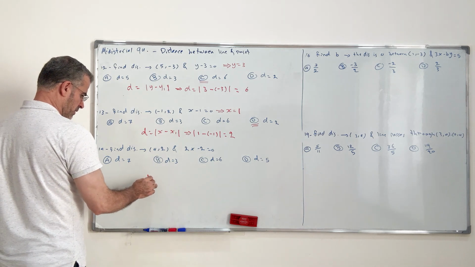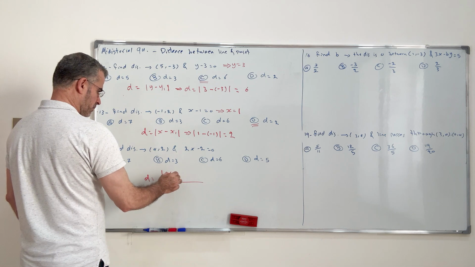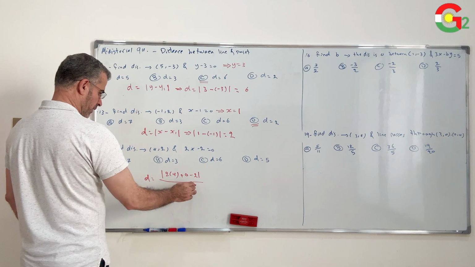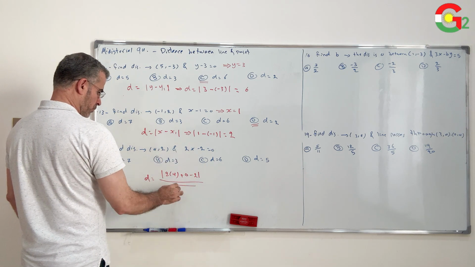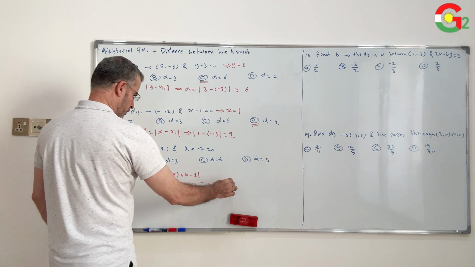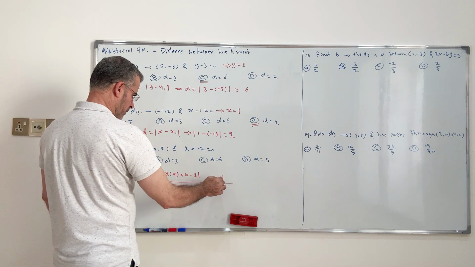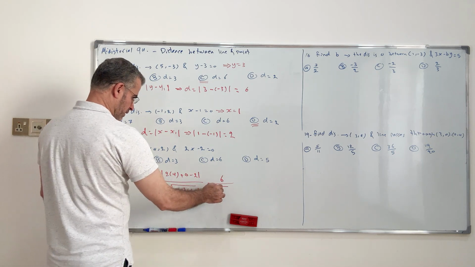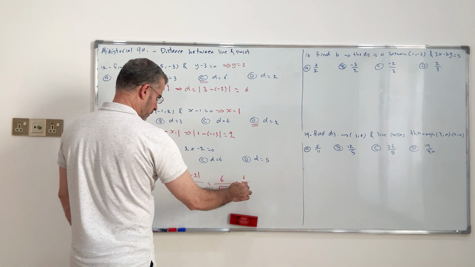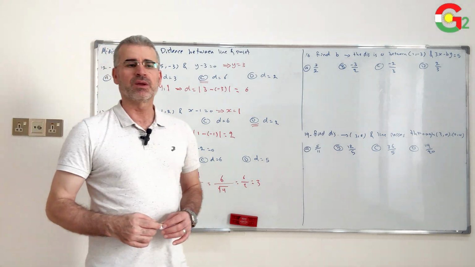Then the distance will be 2 times 4 plus 0 minus 2, over the square root of 2 squared plus 0 squared, equal to 8 minus 2, 6, absolute value 6, over square root 4, 6 over 2, equal to 3. It is choice number B.